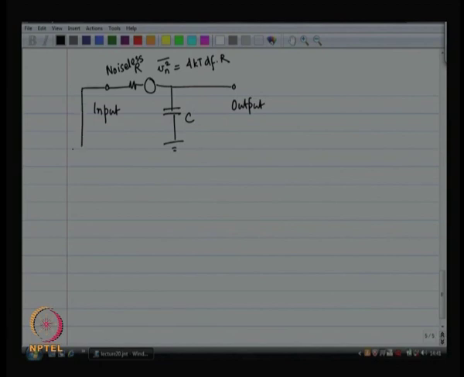So, let me connect the input to 0 volts, all right, and I need to find out what is the voltage across the capacitor. That is going to give me the output. I have got a voltage source, let me move the voltage source to the other side, to make life easier.